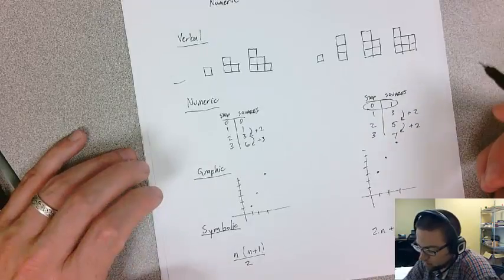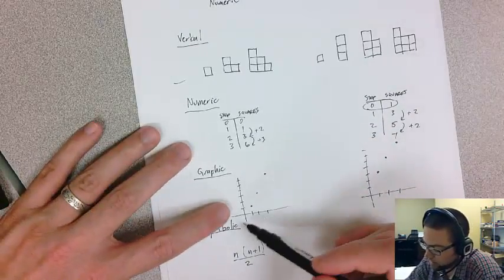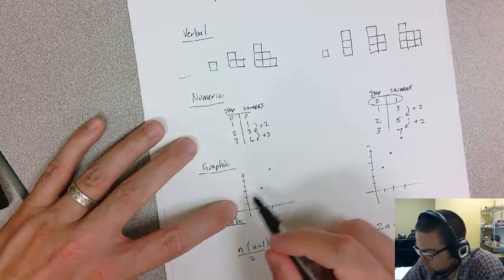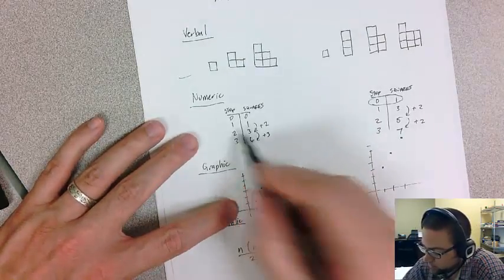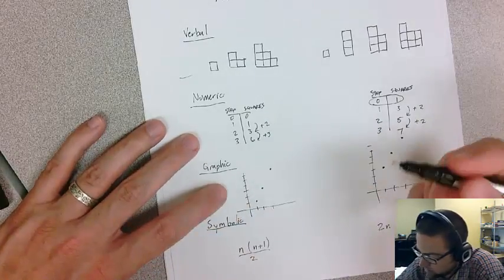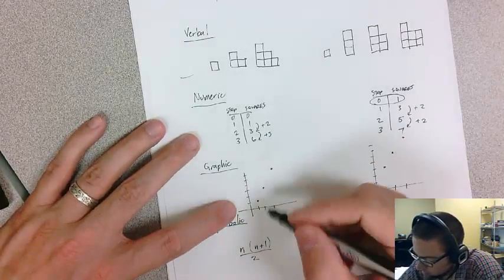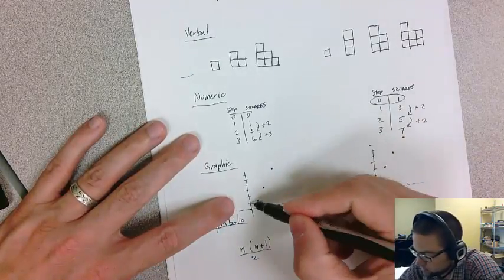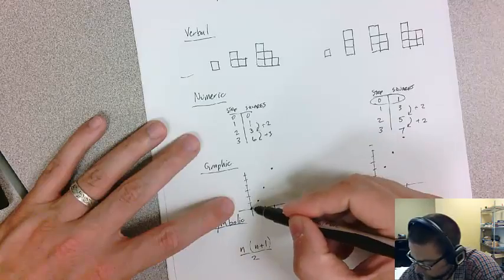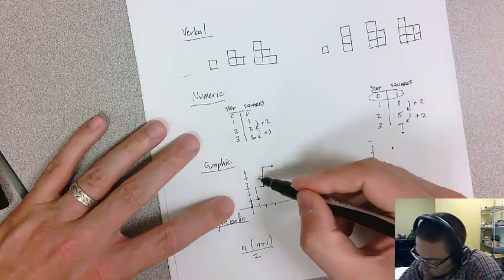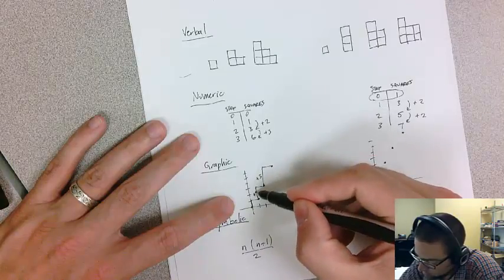And then there are graphs. So you could graph these on an XY plane. The first point that we got was 1, 1, and then it was 2, 3, and 3, 6. And then if I wanted to put my 0, 0 in there, it looks like that. So this one grows at a different rate. It's growing by 1, then by 2, then by 3. So plus 3, plus 2, plus 1.